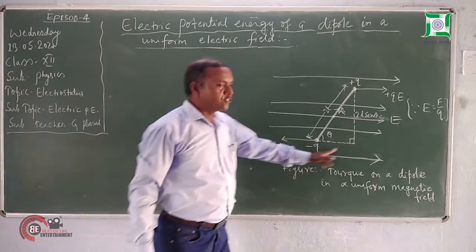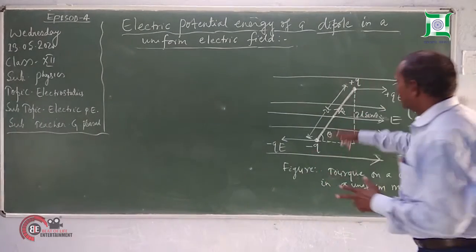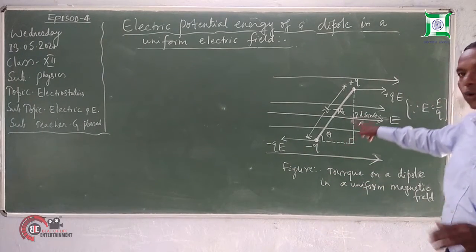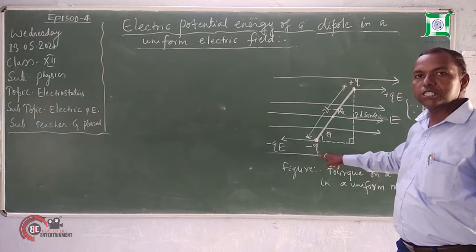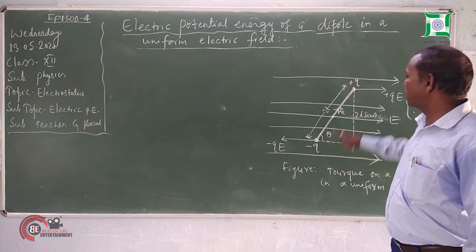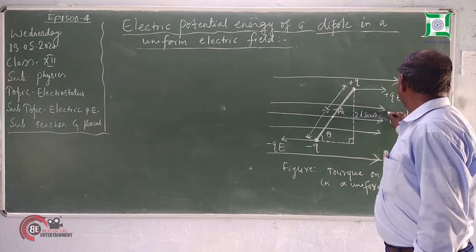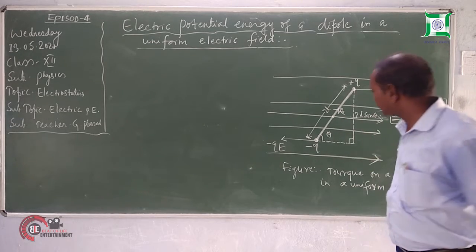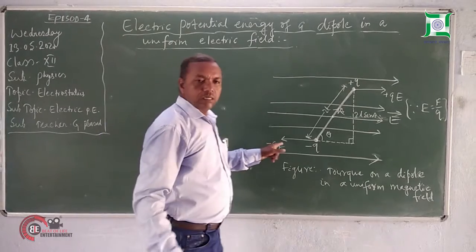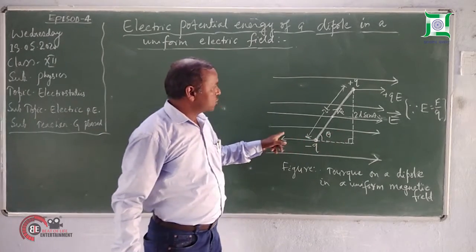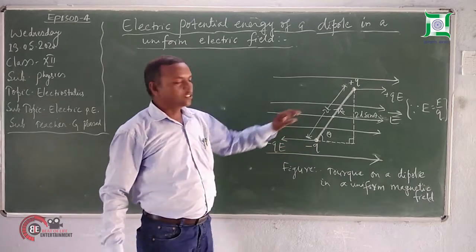As shown in the adjoining figure, it is an electric dipole of 2 point charges plus q, minus q separated by distance 2l placed in uniform electric field E. And we have to find the electric potential energy of this dipole placed in uniform electric field.